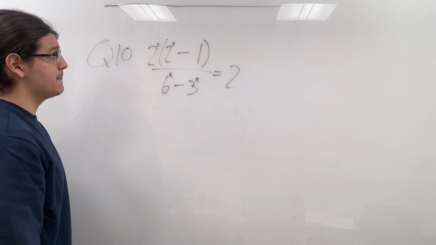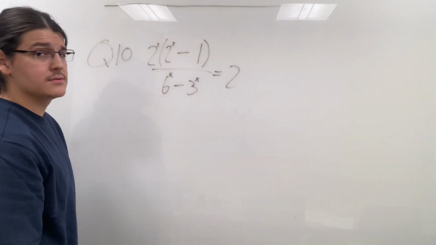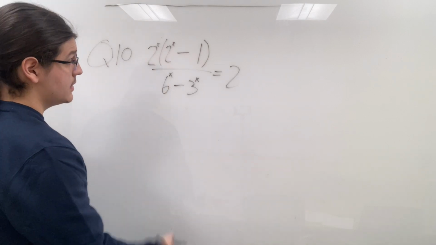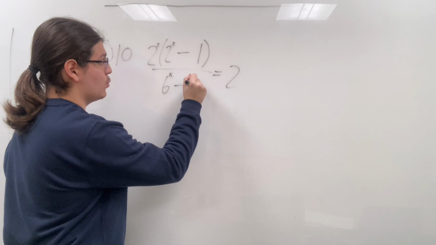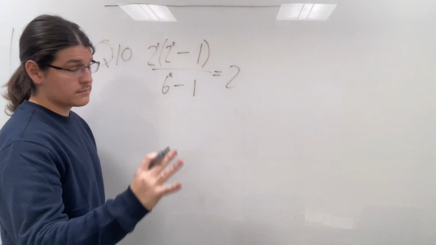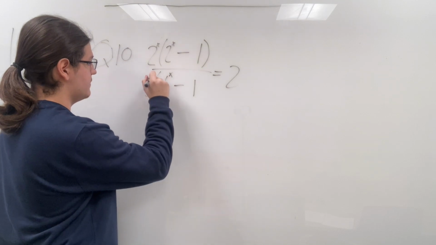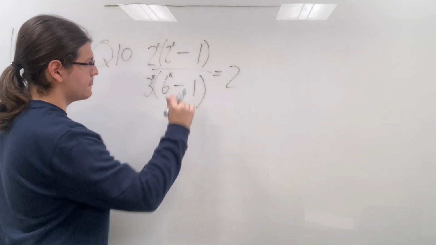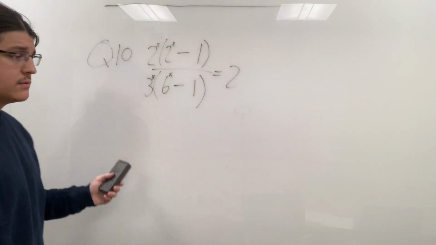Let's see. I'm going to try and factor out a 3^x. Now if we take a 3 to the x out of this, it is left with 1. Just going to put this here preemptively. Can we take a 3^x out of this?